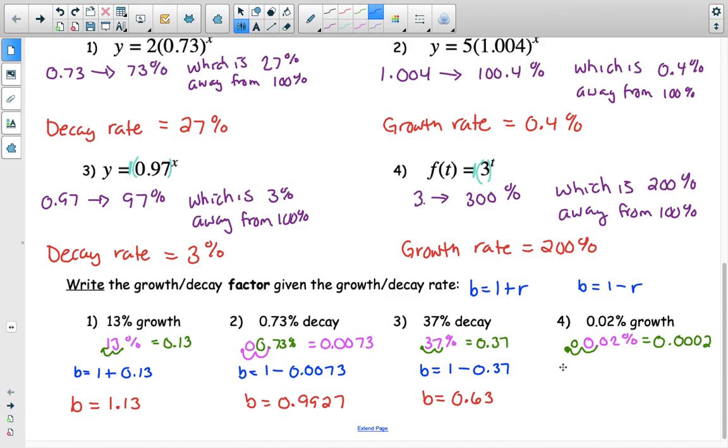It is a growth, so we're going to do b equals 1 plus 0.0002. So we get our growth factor as b equals 1.0002. So again, we need our factor, we need the b value, by either adding or subtracting the rate to or from 1.